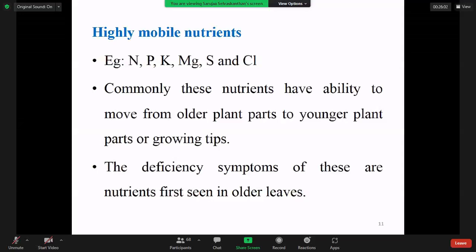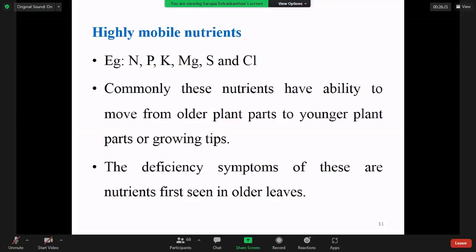Highly mobile nutrients commonly have the ability to move from the older plant parts to the younger plant parts or growing tips. From the older one to the newly emerged one, they can be moved. The deficiency symptoms of these nutrients are first seen in the older leaves.